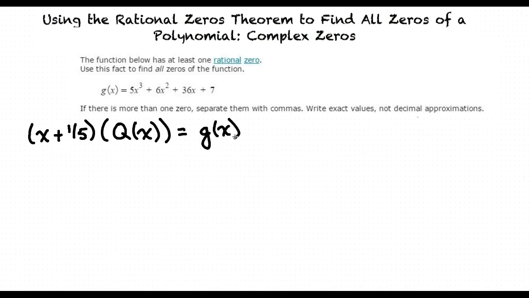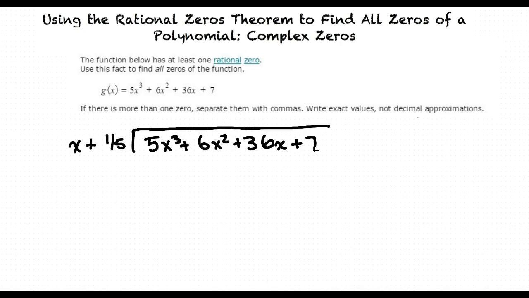Since x plus 1/5 is a factor of g of x, x plus 1/5 times a function q of x is going to be equal to g of x. In order to solve for q of x, we need to perform polynomial long division. Since 5x squared times x is equal to 5x cubed, our first term in q of x is 5x squared.